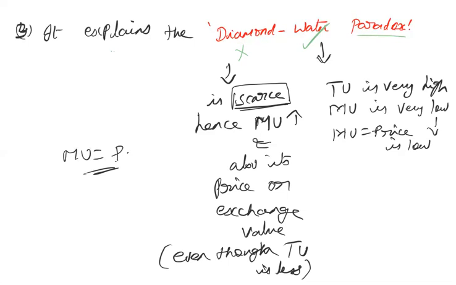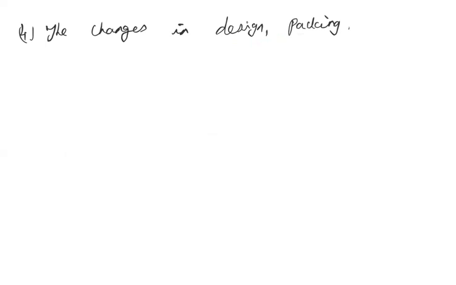Then the next importance is that changes in design, packing, etc. of goods can be explained. We made one assumption, homogeneous good.